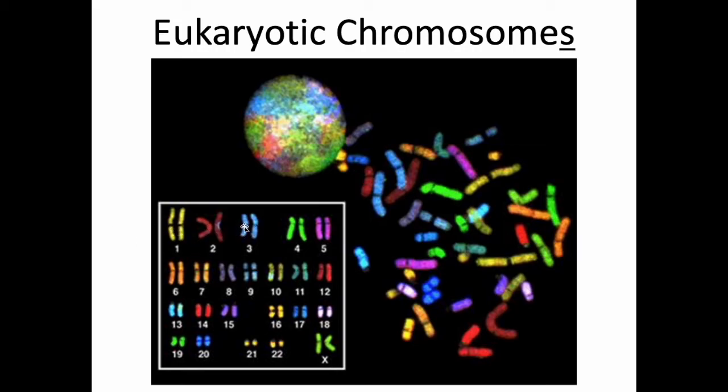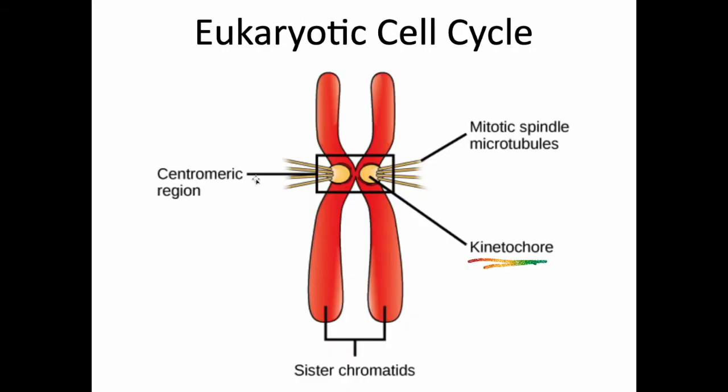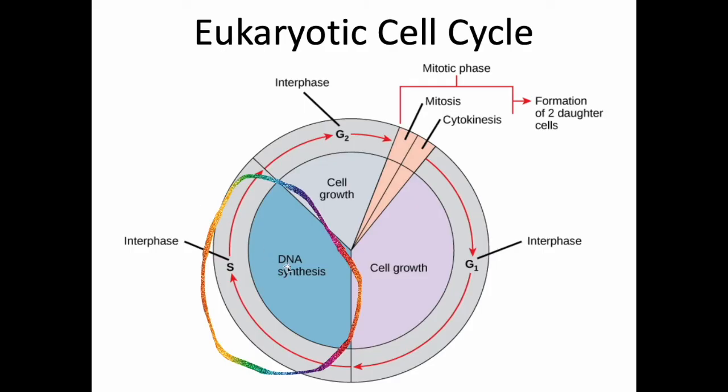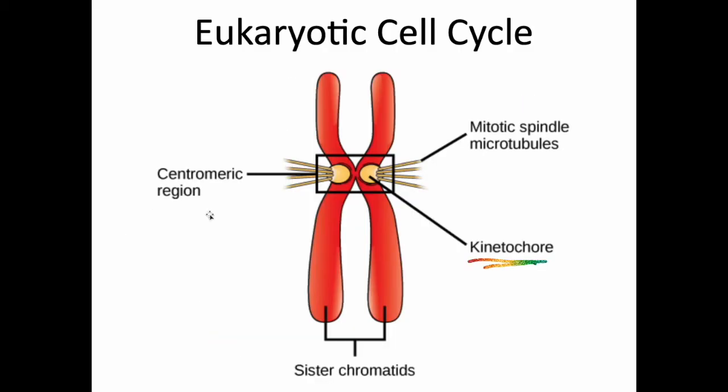These 2 are exactly the same because we just had DNA replication during S phase. Every single one of those 46 chromosomes has an identical partner. These pairs of identical chromosomes are referred to as sister chromatids.